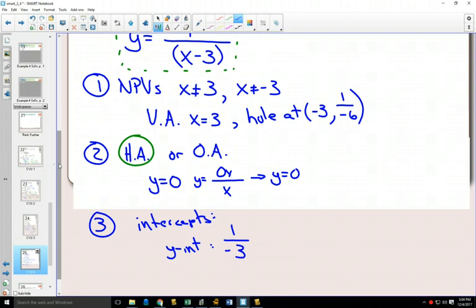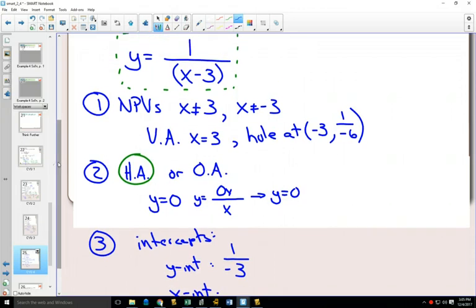However, when you're looking at your x-intercept, the x-intercept is when you plug in 0 for y. If I plug in 0 for y here, when is my fraction equal to 0? When is the numerator equal to 0? It can't. The numerator is always 1. So we can say that there's going to be no x-intercepts.